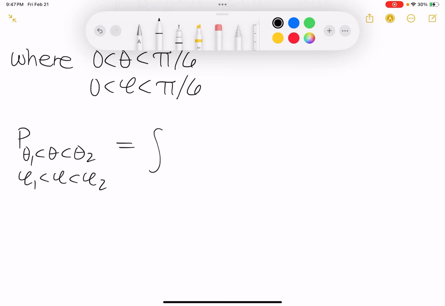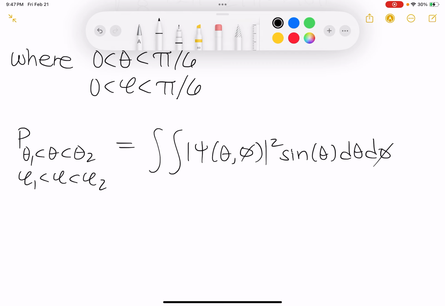That's going to equal the integration over the probability density, so the square modulus of our wave function, sine theta d theta d phi, where theta goes from theta 1 to theta 2, and phi goes from phi 1 to phi 2.